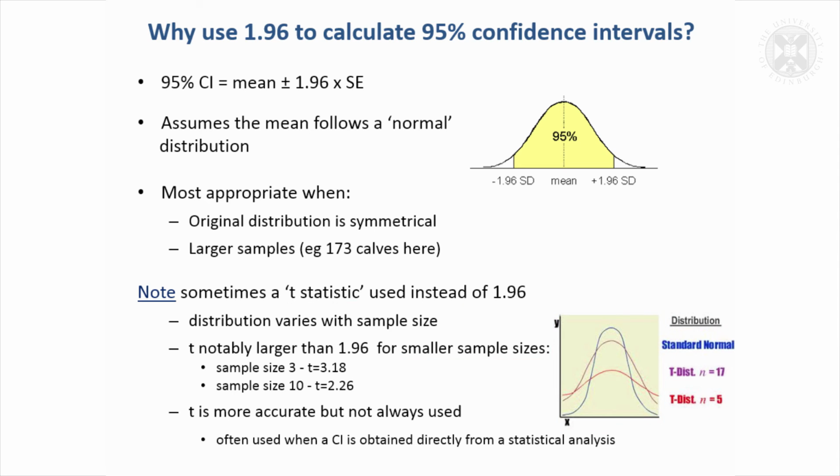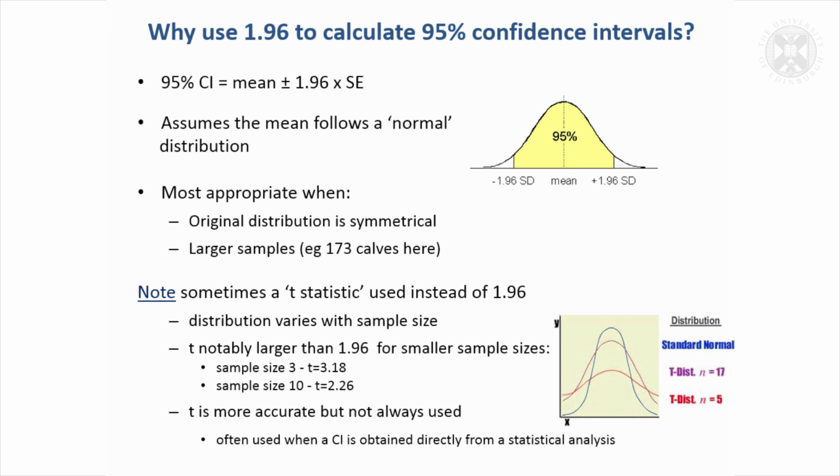Don't worry about this if it's all getting a bit garbled, normal distributions and t-distributions. It's just if you see somebody using a different value, or a package might use a different value to 1.96, there is a reason for it.